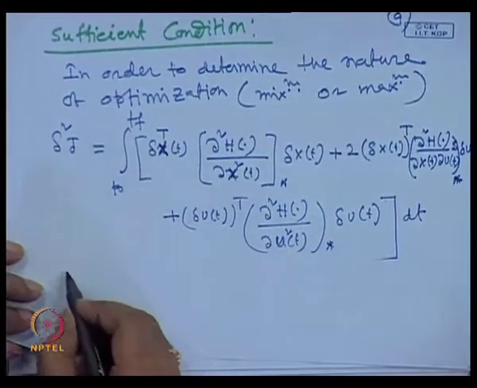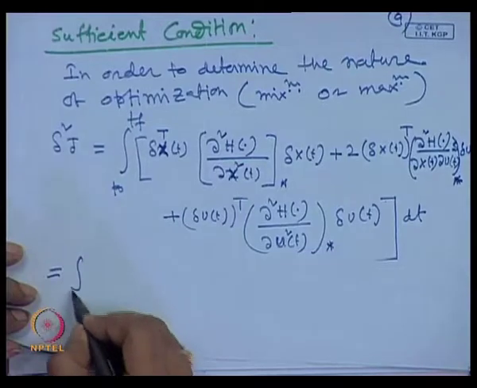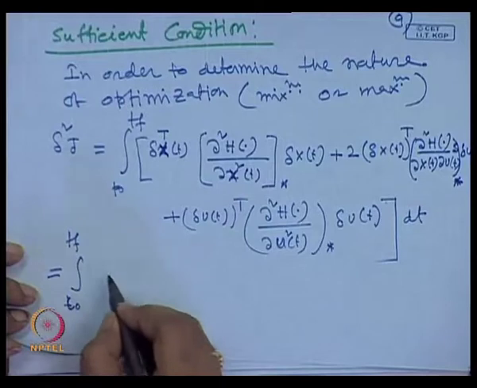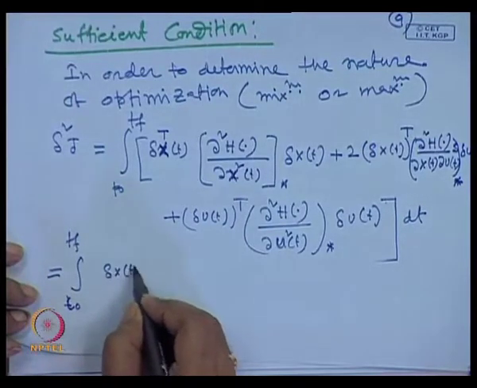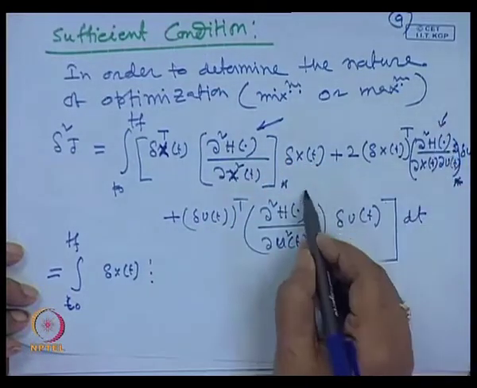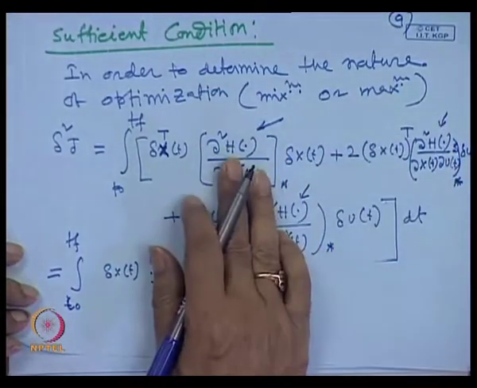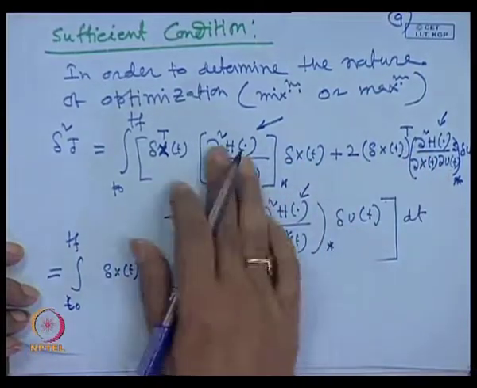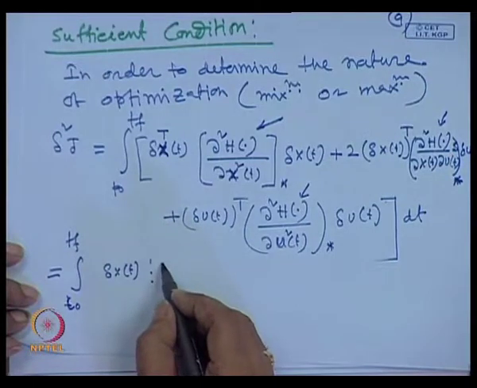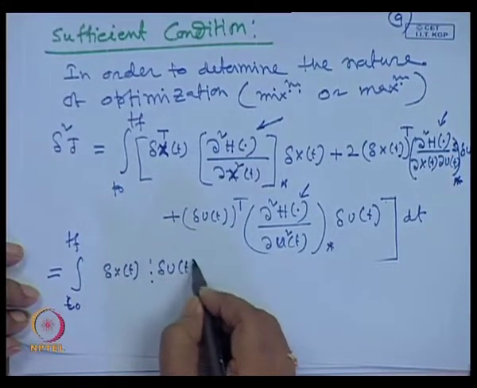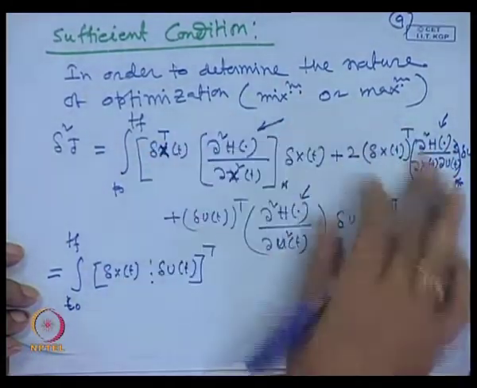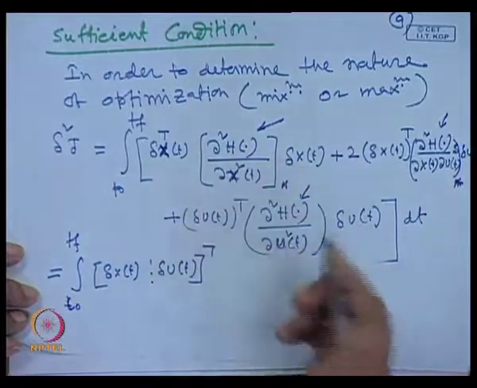One can write this in matrix and vector form, integral from t0 to tf of delta x(t) and delta u(t) transpose, and this matrix is a Hessian matrix, a symmetric matrix. This whole thing is a scalar quantity, which we can write in quadratic form.